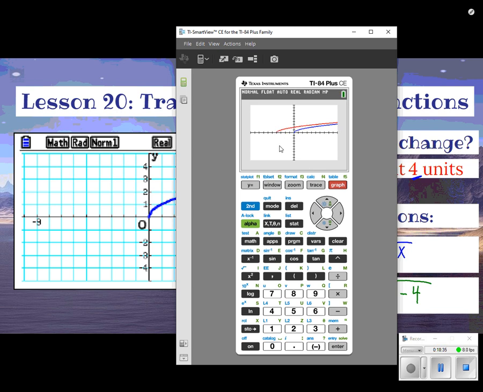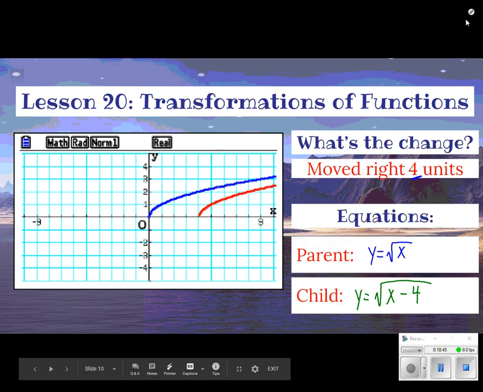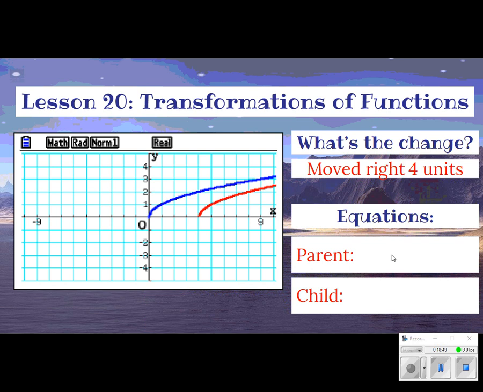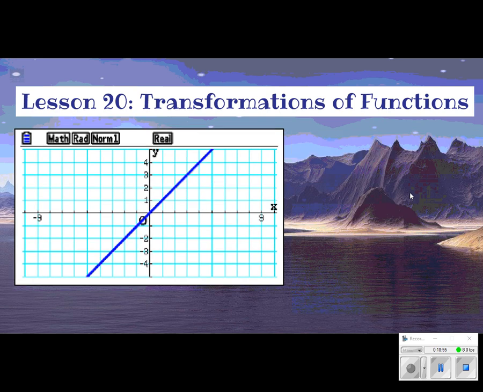So you can play around with the graphing calculator and see if you can figure out the equation that way. It is a good idea, though, to learn how to read your equations because in the long run, you're going to be a little bit better off for that. And that's my goal for you, to be able to give you an equation and you to be able to read it.